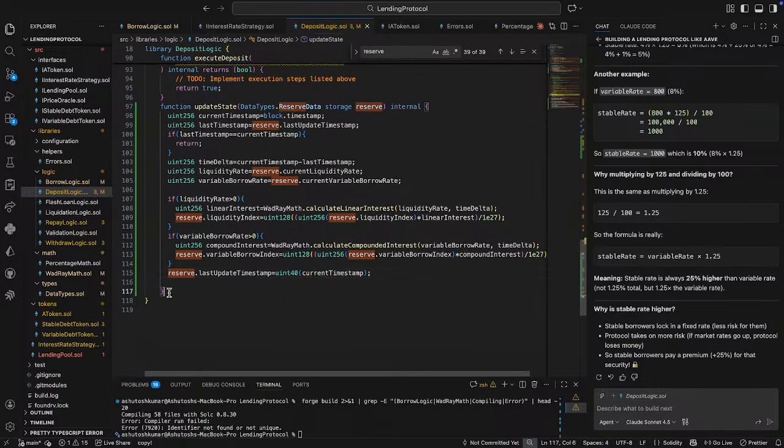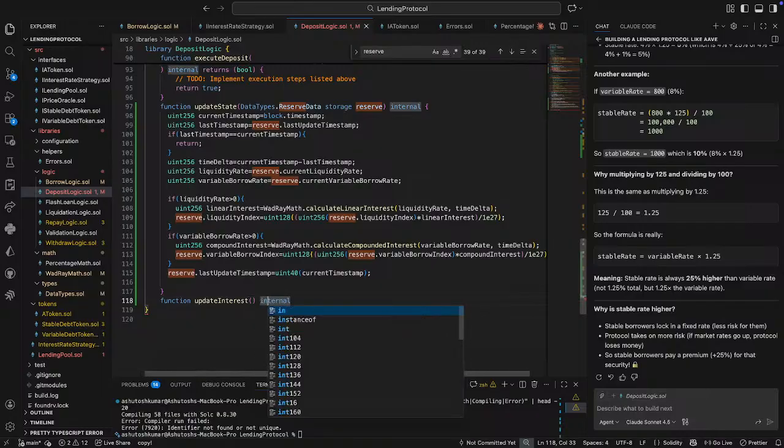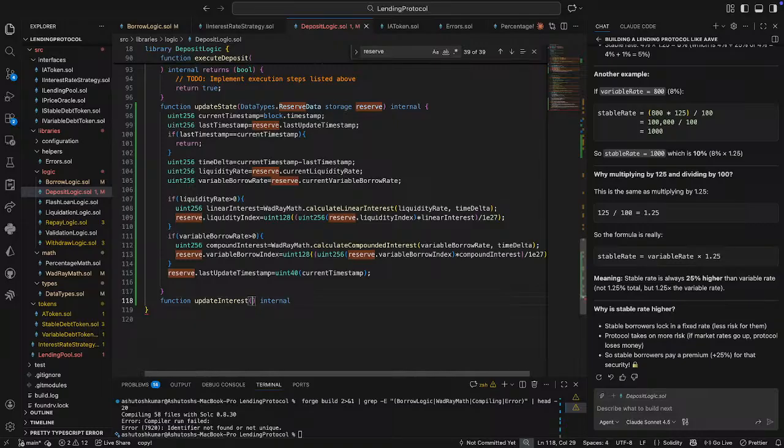We can shift the whole function, dot update interest, and it will take data and internal. It will take reserve because we are updating the interest only.